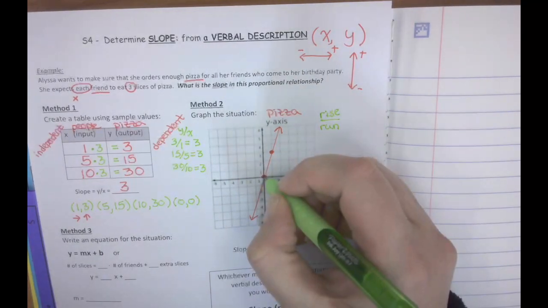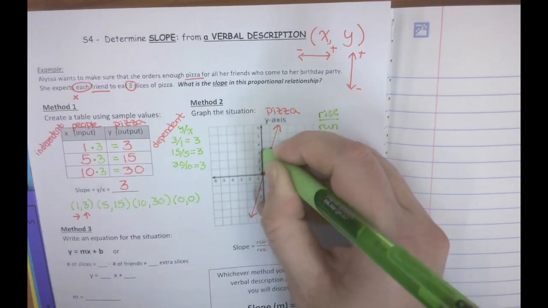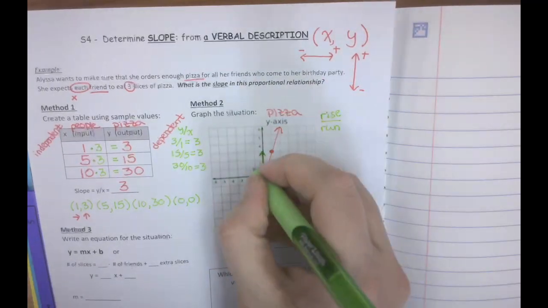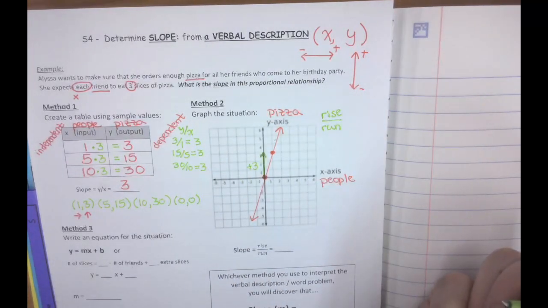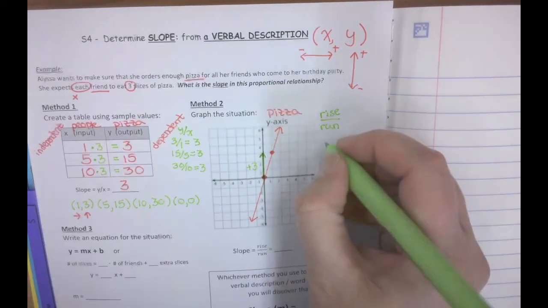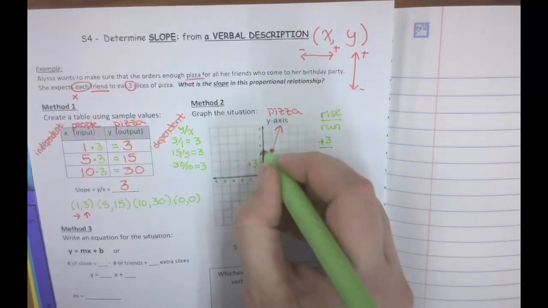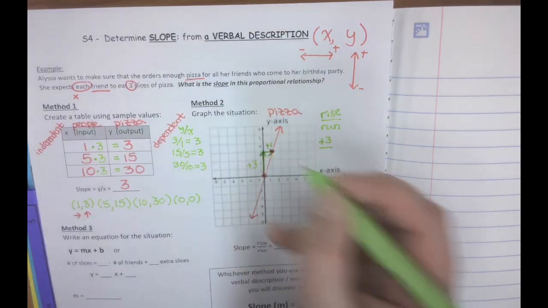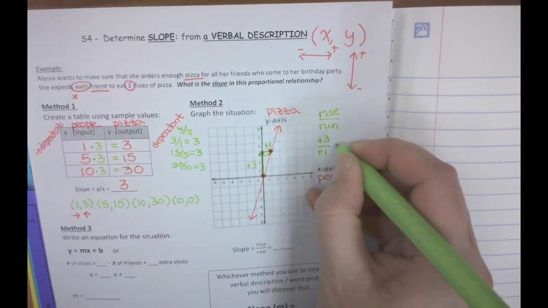So for instance, if I start at this one in the middle here and I go up to that second point, we're looking at how many lines I had to go up. And I went up 3, so that would be represented by positive 3. So I have a positive 3 for my rise, and then you have to go over 1 line, so that's represented by a positive 1. So my run is a positive 1.